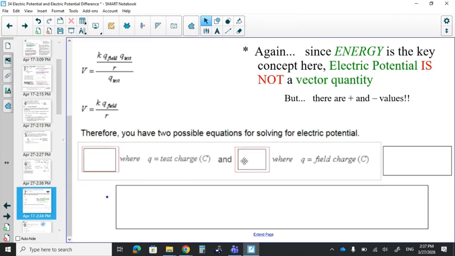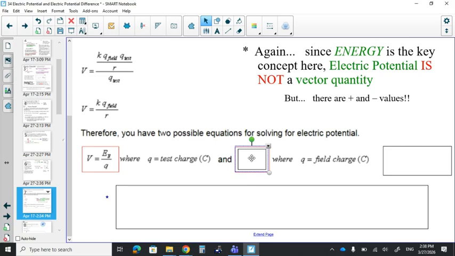It's just pluses and minuses that combine logically like integers do. So you have these versions: the main concept of electric potential being electric potential energy per charge, and then you could think of it as this resulting equation of kQ over r.